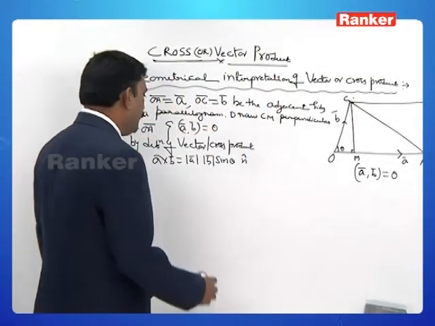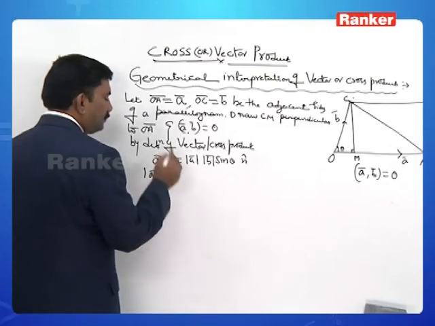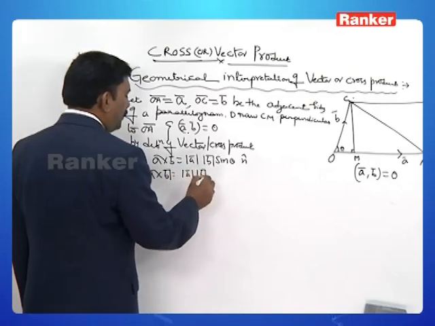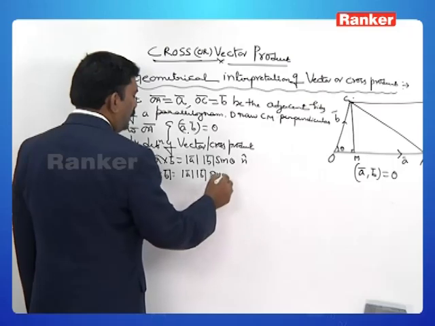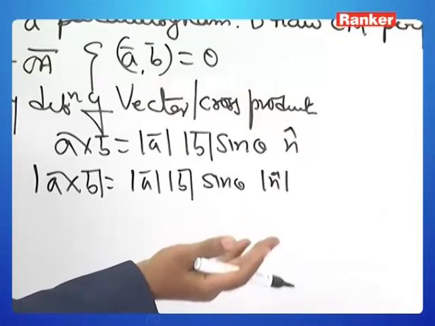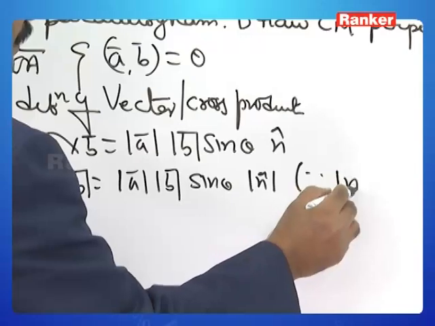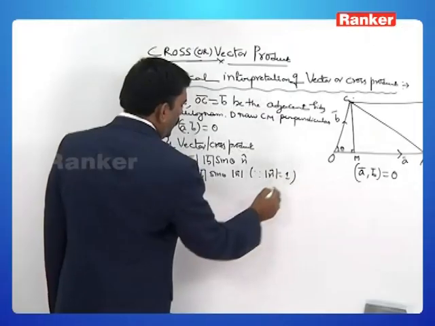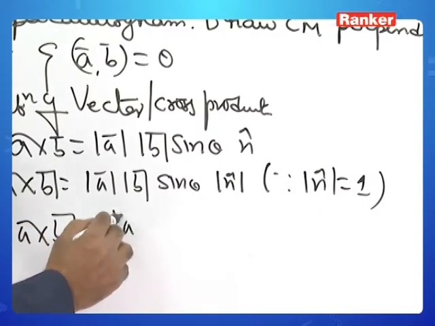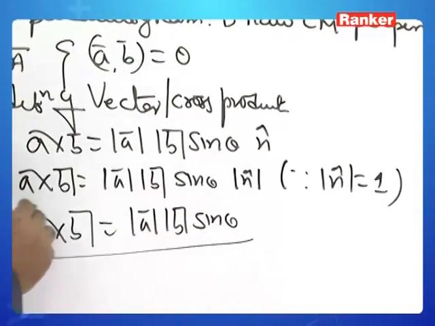So therefore, now I can write, take the modulus on both sides. Modulus of A into modulus of B into sin theta into modulus of n cap. This is already positive number, no need to take modulus. Since modulus of n cap is equal to 1, I can write modulus of A bar cross B bar is equal to mod A mod B into sin theta.